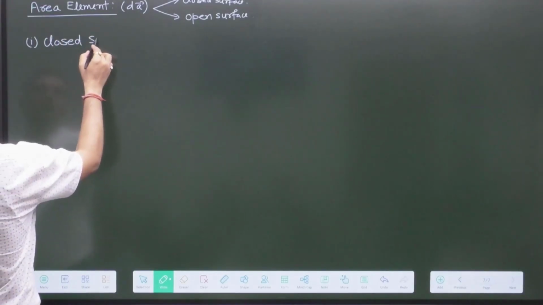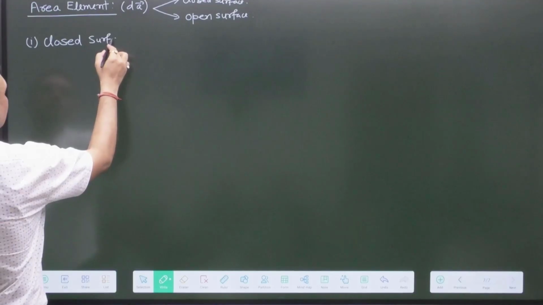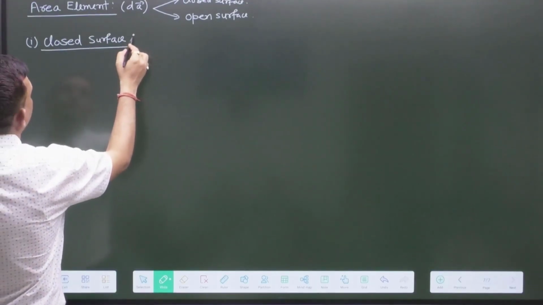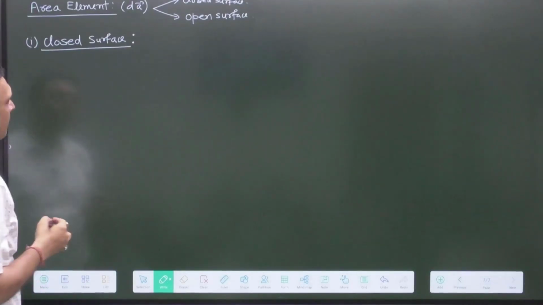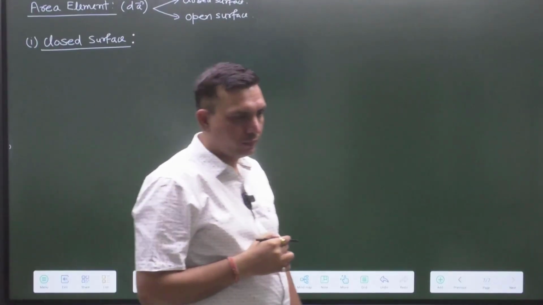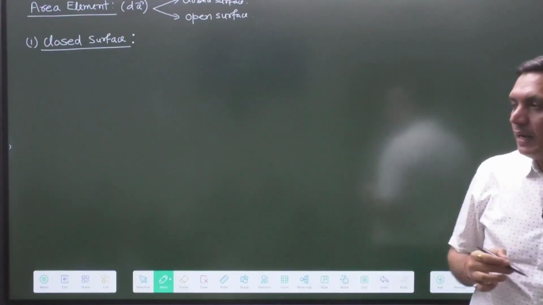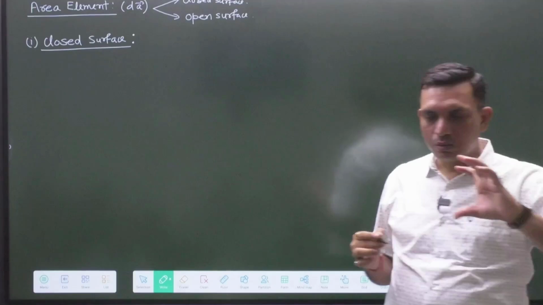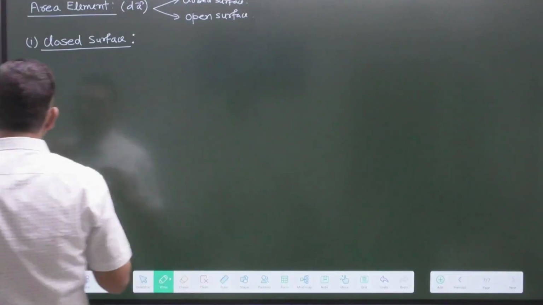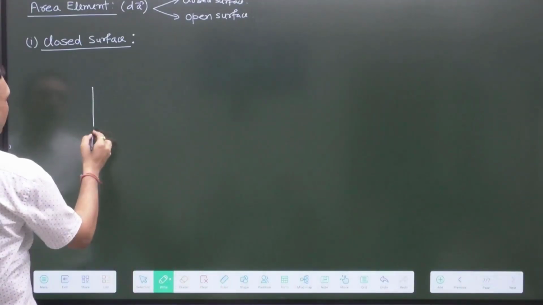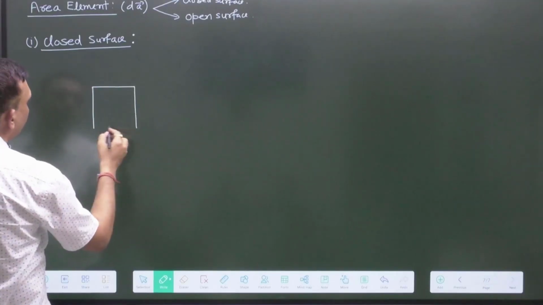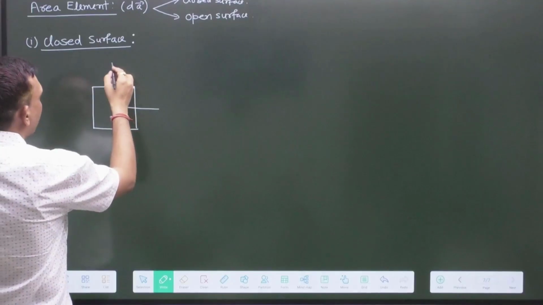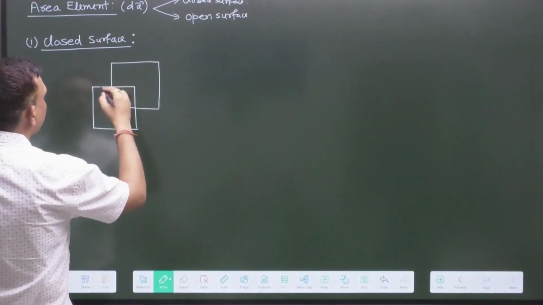Closed surface. So in Cartesian symmetry, the best example is a cube. It's a cubical volume. So let's draw a cubical volume. It's a cube of side A. In Cartesian symmetry, we are talking about a cubical symmetry.